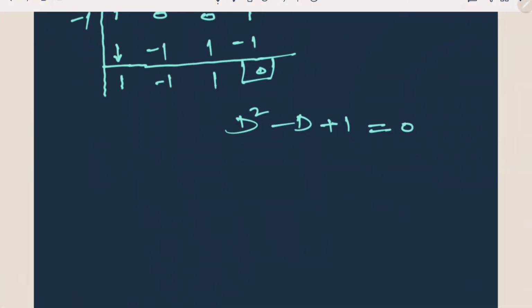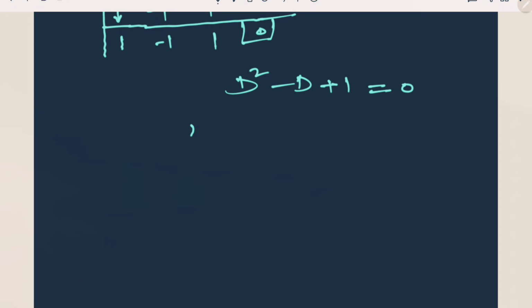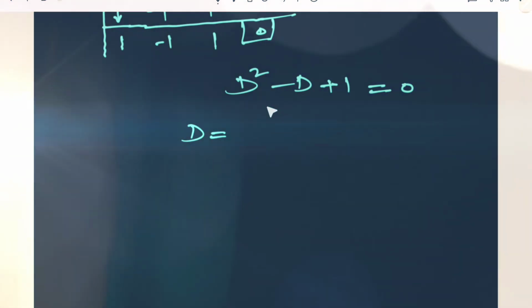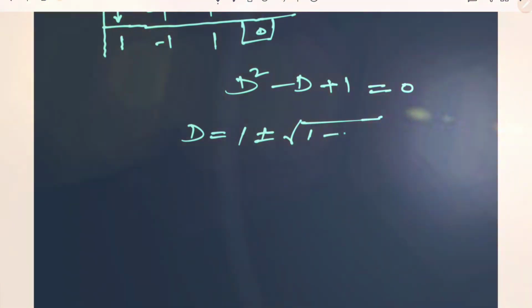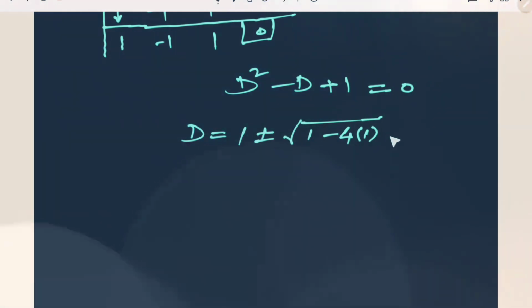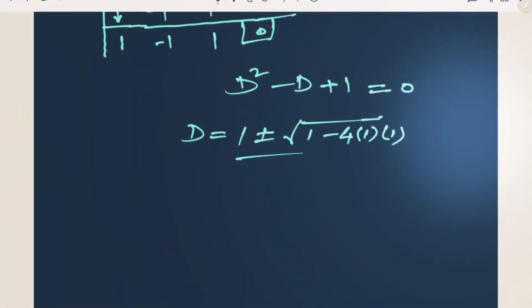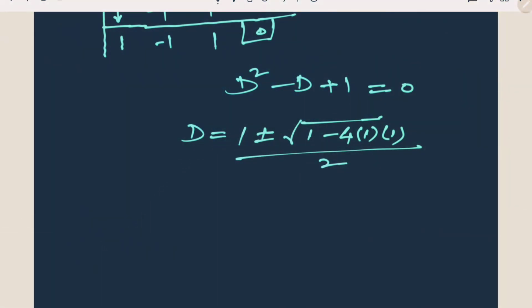A quadratic equation. Solving it by the formula minus b plus minus square root of b square minus 4ac divided by 2a. Here b is minus 1, so minus of minus becomes plus 1, plus minus root of minus 1 square, which is 1, minus 4 into 1 into 1, divided by 2.